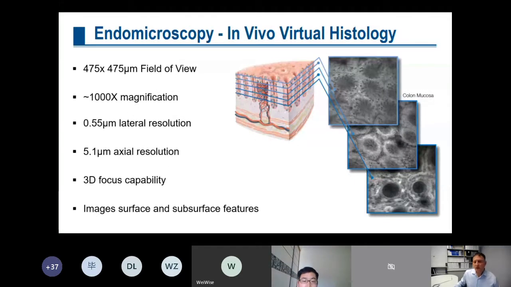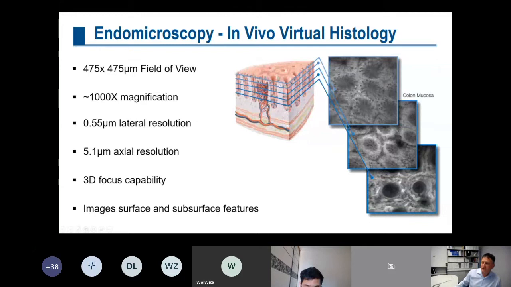The magnification of our microscope is around about 1,000 times, and that comes from a field of view of just about 0.5 millimetre in X and Y. We also have sub-micron resolution in X and Y, and an axial resolution or slice thickness of around about 5 microns.